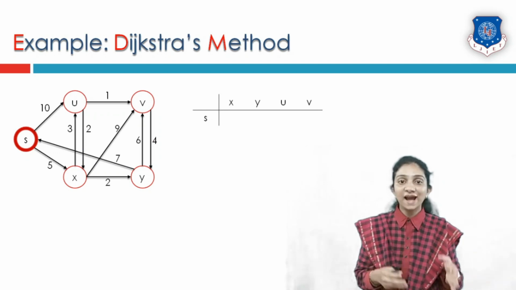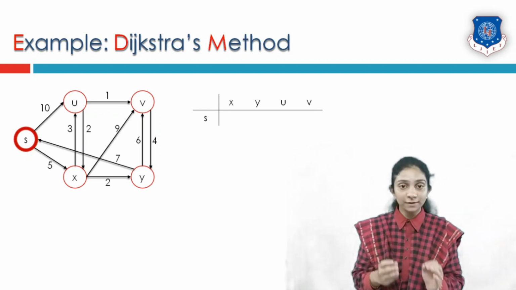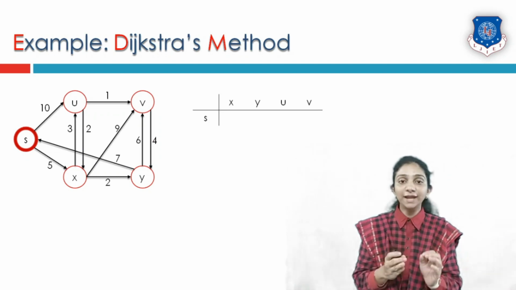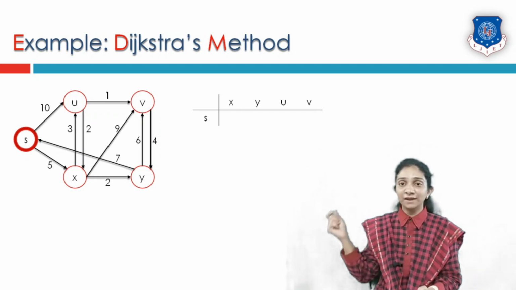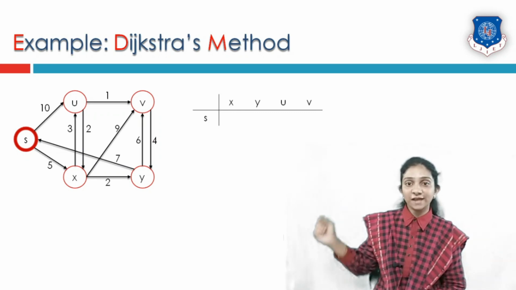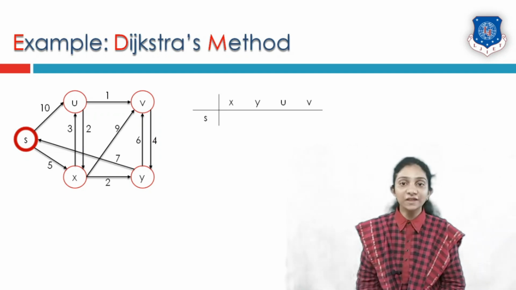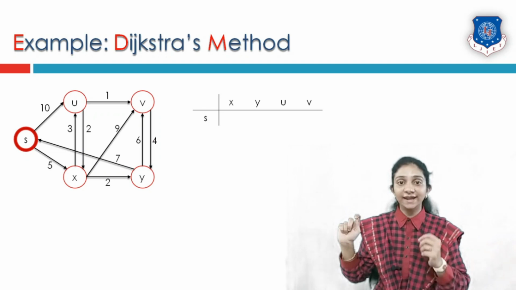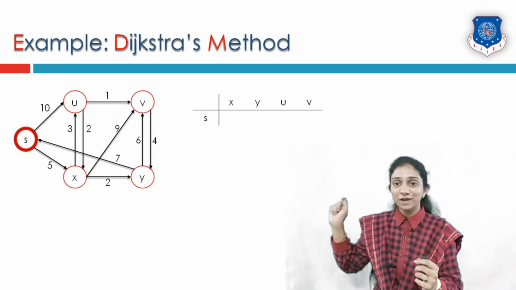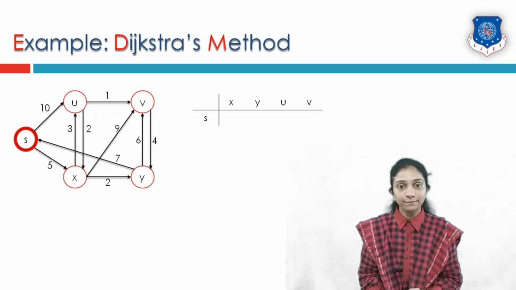Now we have to read from the graph from source to destination and find their direct weight. If I am filling my first cell, that is S comma X, the row is S and the column is X. If there is a direct edge from S to X, then I write its weight in this table.